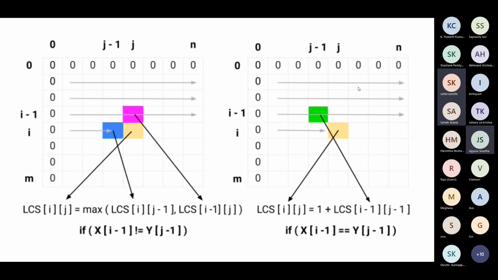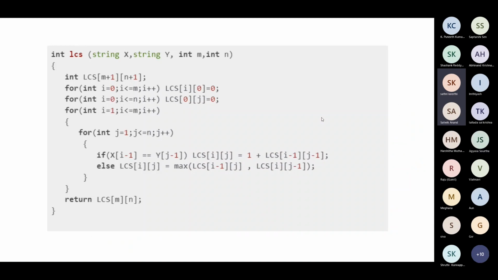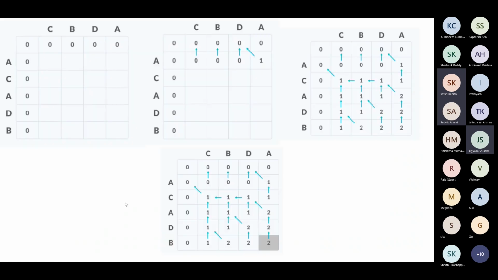When the last characters of both strings are equal, it will just be 1 added to the LCS of i minus 1, j minus 1. The iterative code begins with initializing a 2D array, then setting the first row and first column to 0, then using the iterative structure to fill the table. The result is stored in LCS of m, n, which you return as the answer.